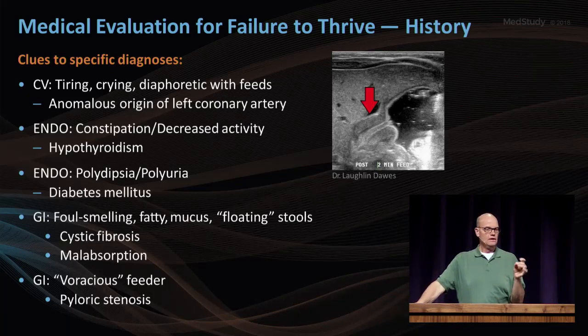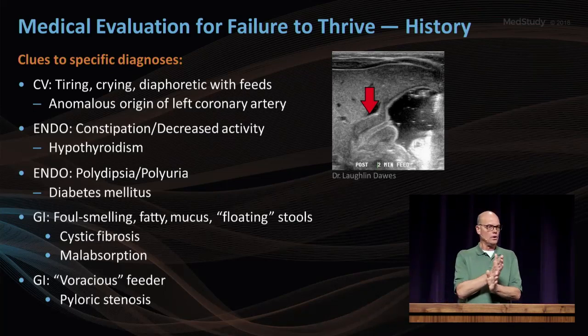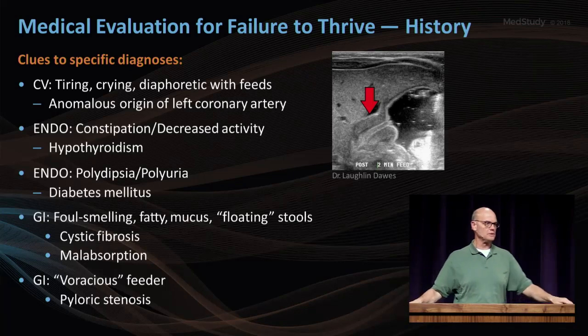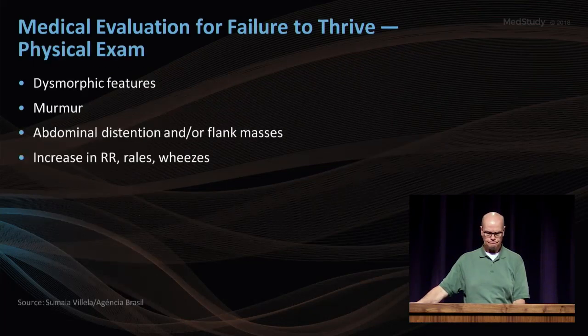And the term voracious feeder or active feeder or anxious to feed even after vomiting, all are consistent with pyloric stenosis. And so those particular buzzwords in your vignette can help you more readily choose the best next step in the treatment, because all the steps are going to make sense. And so you've got to figure out which one is the best based upon the information that they're giving you.